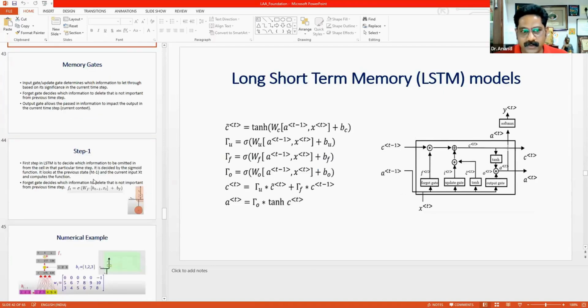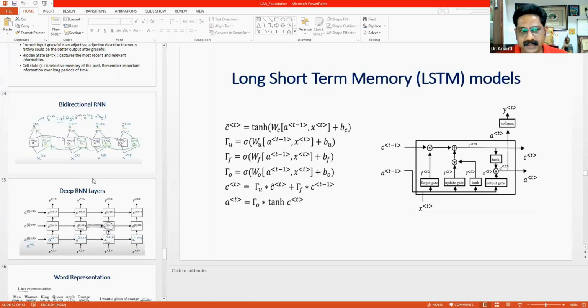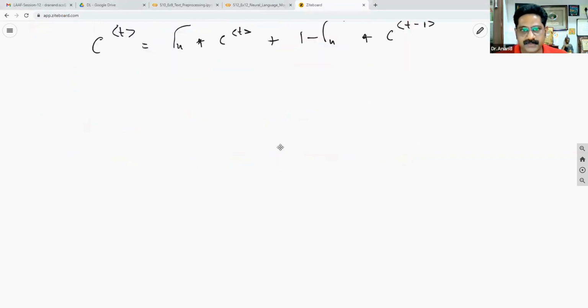Your GRU unit uses only one gate. What is that one single gate, and how is it used? Let me differentiate your simple RNN and your gated recurrent unit in terms of block diagram.